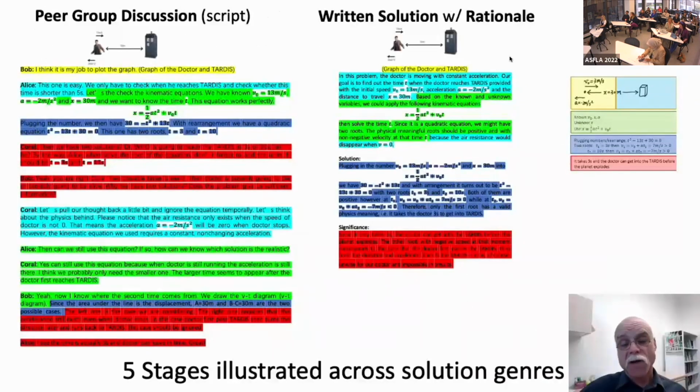Okay, I also wanted to illustrate, these are draft versions of our Doctor Who problem. And you can see there the script for a peer group discussion, where one student here has come to the solution very early, and through their discussion they found that, and the names are actually even different, but anyway, comes to the solution too early, and we see some recursion happening in the stages as the students go back to a previous stage, realize that the mathematical solution is not the physical solution once the mathematical solution is checked qualitatively and physically.